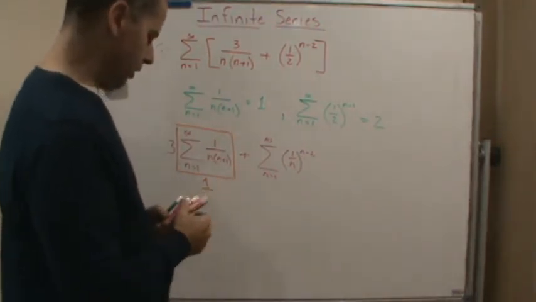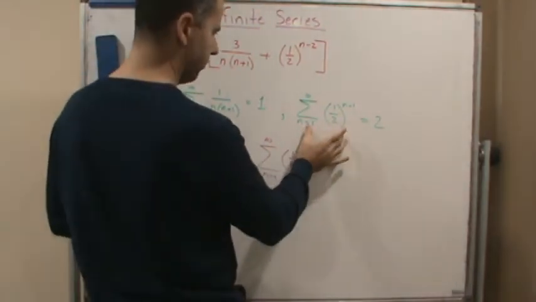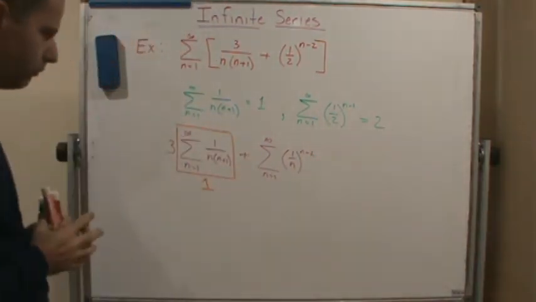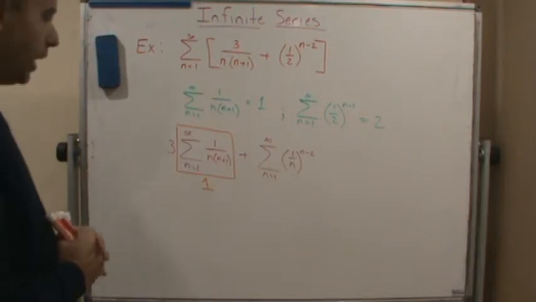This one here, it's not quite this, right? We've got an n minus 1 here where we get an n minus 2. So I need to add 1 here.